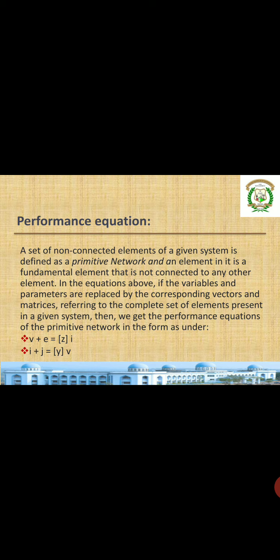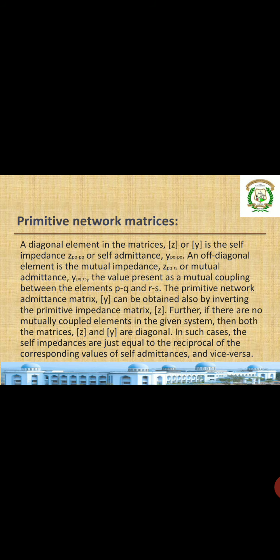So the equations will now be: V plus E, that is the voltage vector and the EMF or potential difference vector, is equal to the primitive impedance matrix into the current vector, in impedance form. In admittance form, we can write the current I vector plus the current J vector is equal to the primitive admittance matrix Y with the voltage vector V.